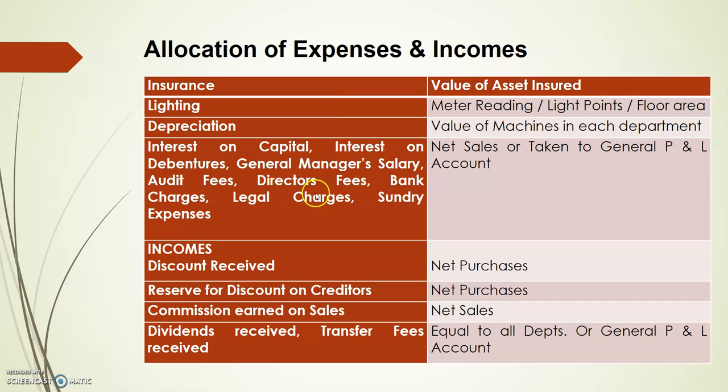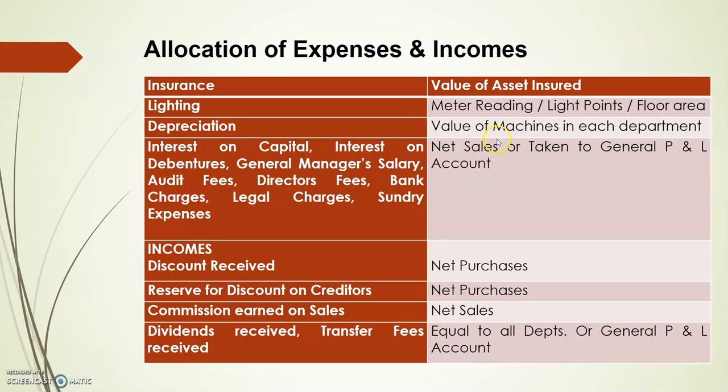Then there are some points we have to understand here: interest on capital, interest on debentures, general manager's salary, not the staff salary of those who work in different departments, but the general manager who is common for all the departments. Audit fees, director's fees, bank charges, legal charges, sundry expenses, etc. We cannot allocate all these expenses to different departments on any particular criteria.